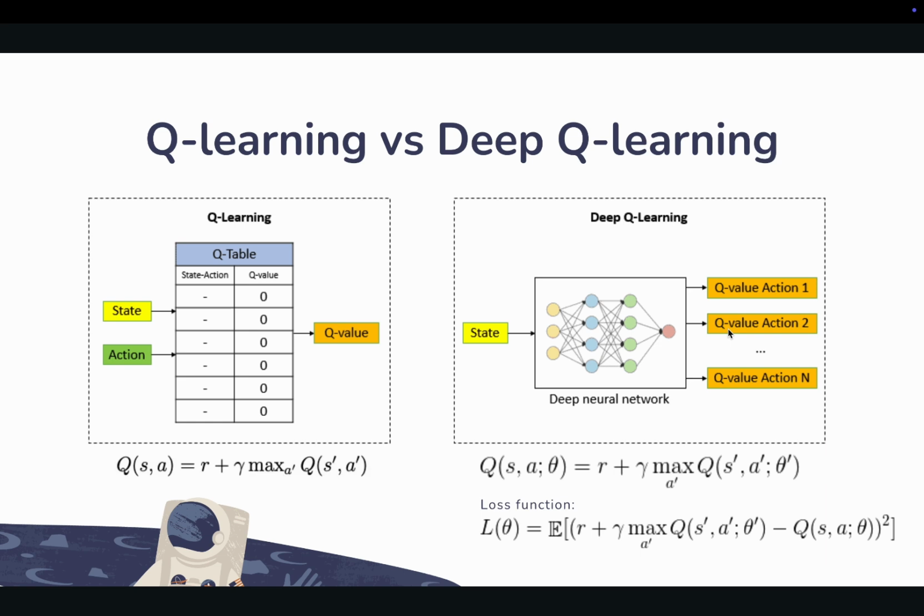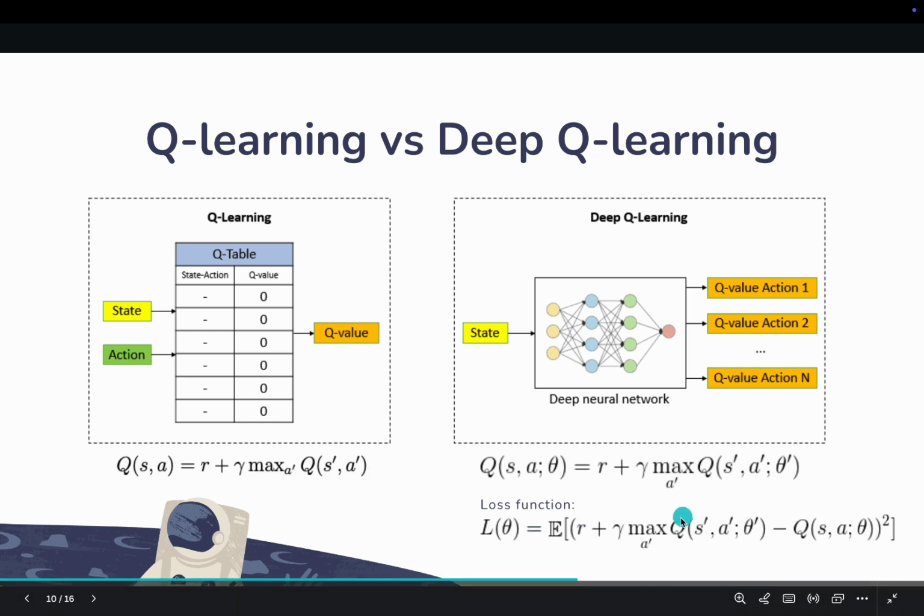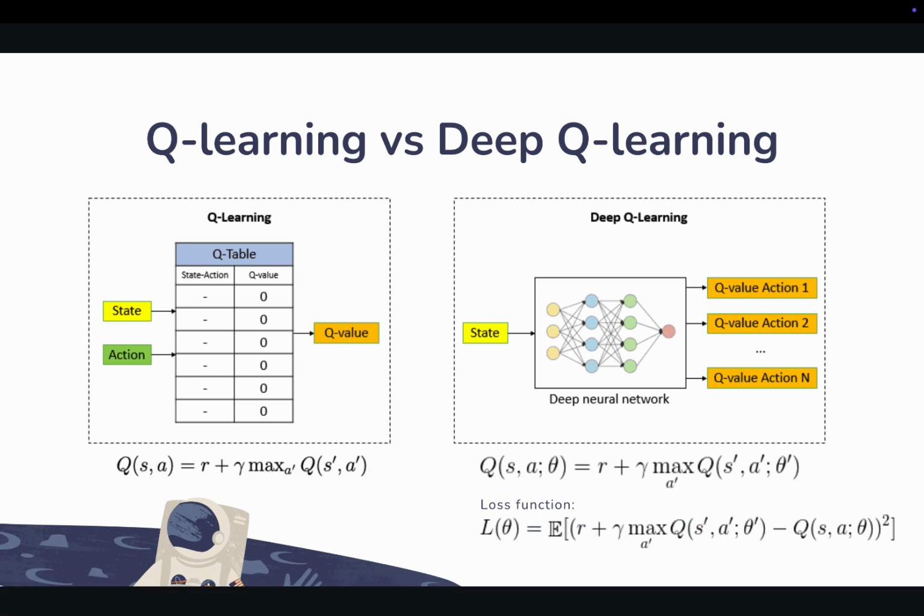To implement Q-learning using DQN, we modify the Bellman equation with the theta elements. Then the loss function can be created. Using gradient descent, we minimize the loss function to essentially train the model.